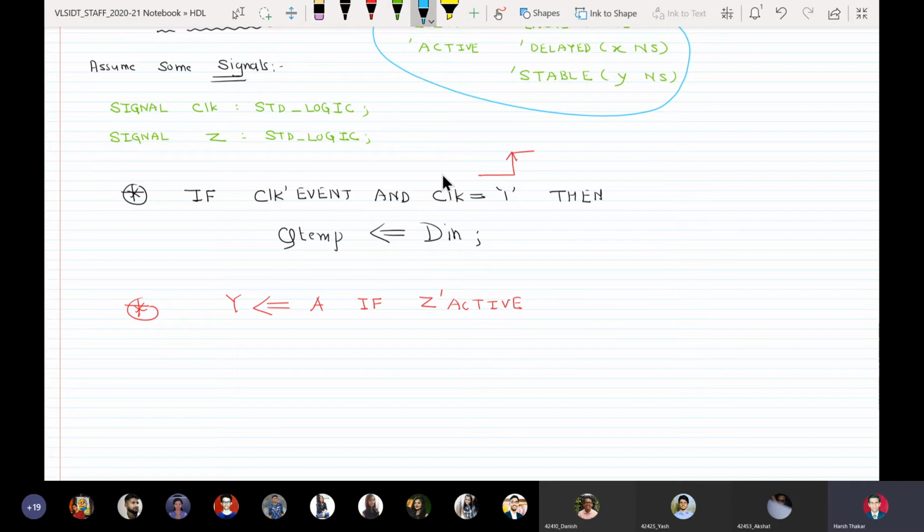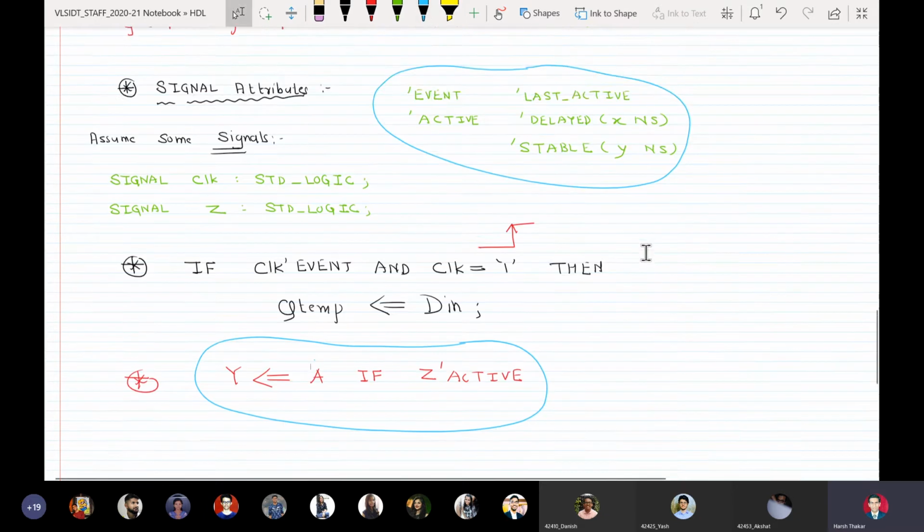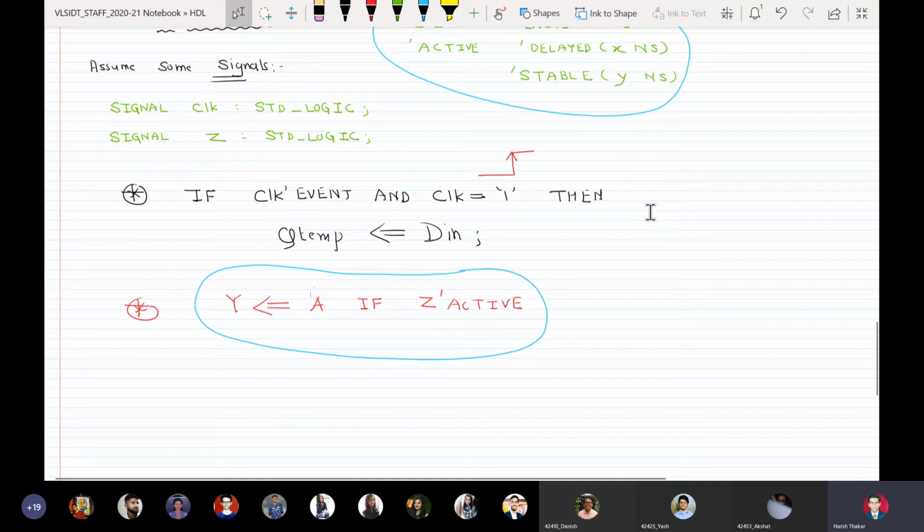Okay, so when you write this particular statement, what happens is that the signal A is assigned to the output Y only if the signal Z is active. Okay, if Z tick active, because this particular Z tick active, it will actually returns a true value if Z is active.